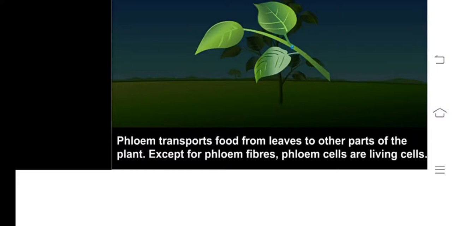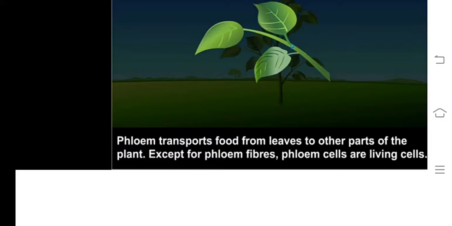Except for phloem fibers, phloem cells are living cells. Understand this sentence, children: except phloem fibers, sieve tubes, companion cells and phloem parenchyma are living cells. So phloem belongs to the living conducting tissue, and xylem belongs to the dead water conducting tissue.